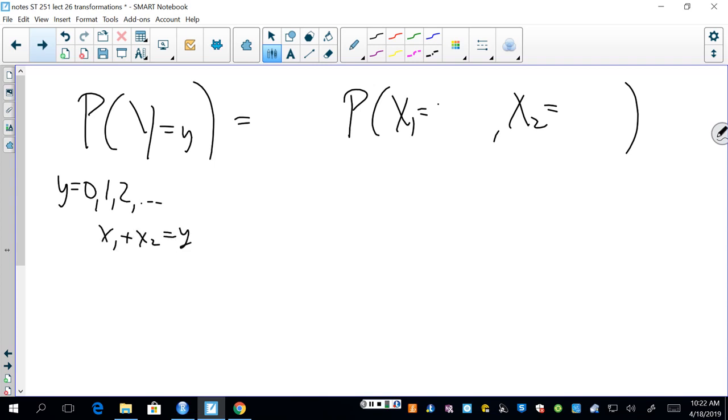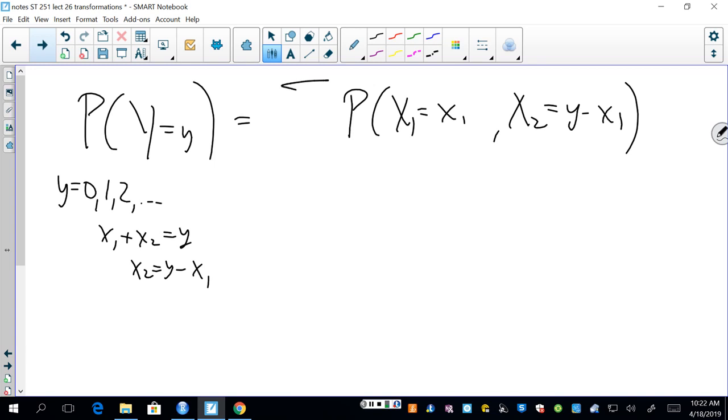We want x1 plus x2 equal y. So if this one is x1, then that's going to mean that x2 is y minus x1. And then they would add up to the right total. But there's more than one way that this can happen. For different values of x1 you get the corresponding x2, and at least if y is not 0, there's more than one way that can happen.